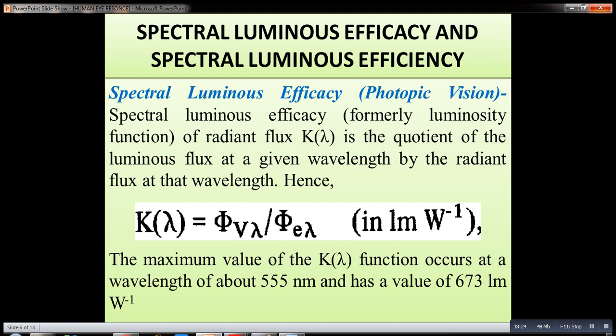It differs from radiant flux, which is the measure of the total power of electromagnetic radiation, including infrared, ultraviolet, and visible light. In that, luminous flux is adjusted to reflect the varying sensitivity of the human eye to different wavelengths of light in the visible regions.